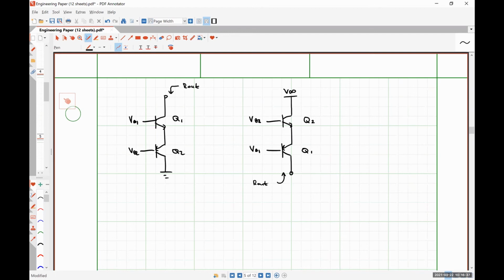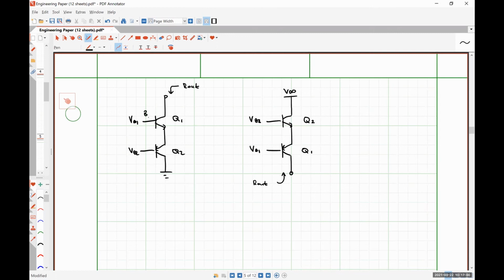So if we drew the small signal model for these guys, how is the degeneration transistor connected? So small signal model, well, let me label my terminals here, and this might help, all right?